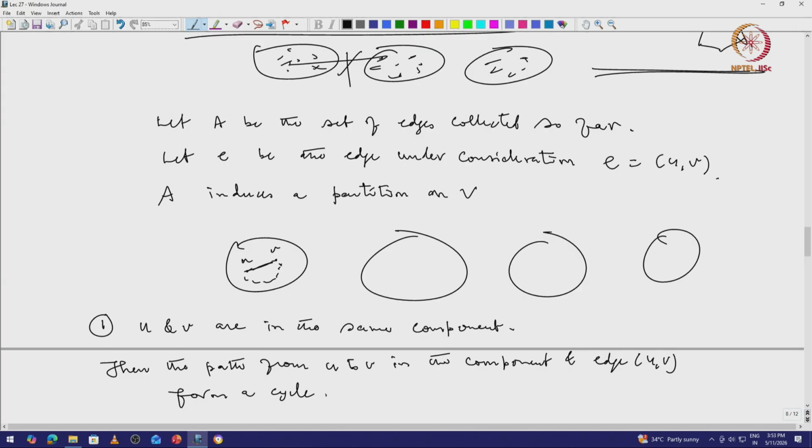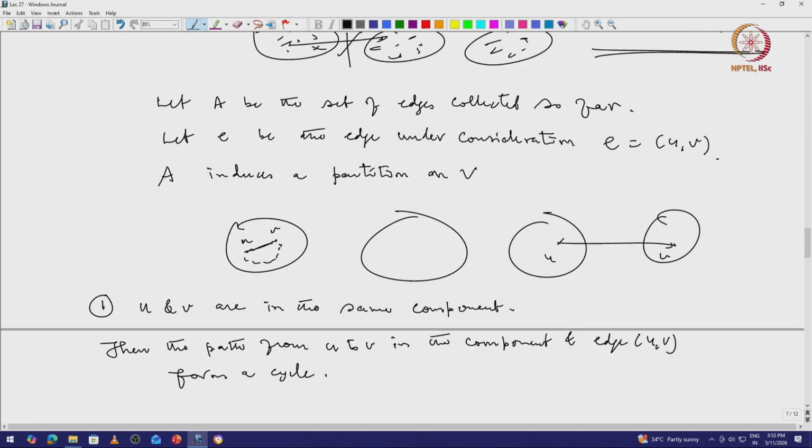That is the reason why, if U and V are in the same component, the edge UV is ignored. If U and V are like this, in different components, the edge UV will never form a cycle with anybody.